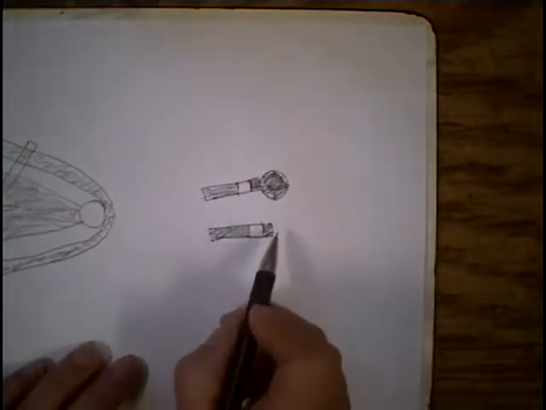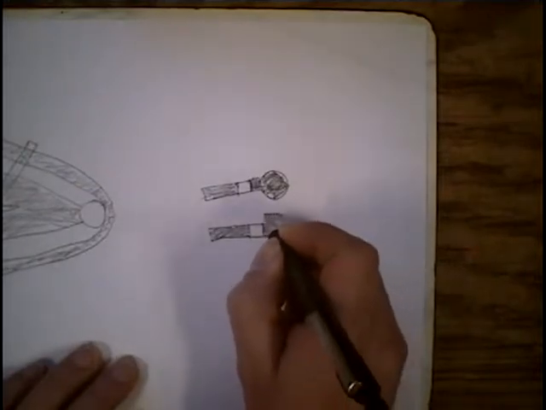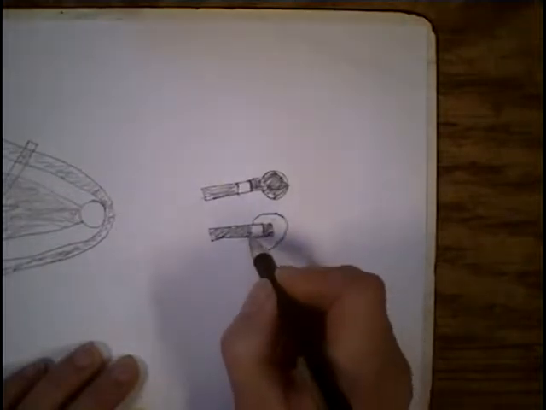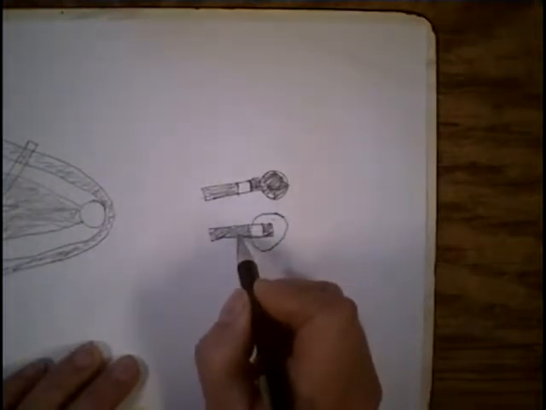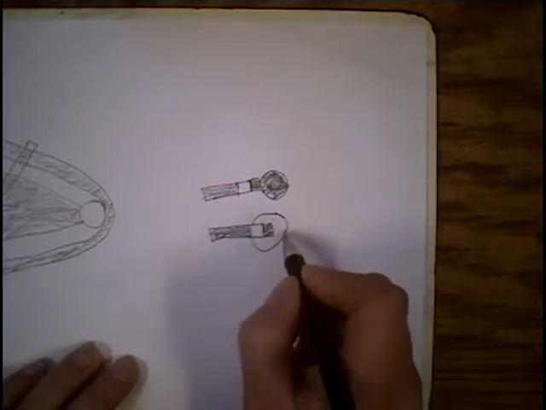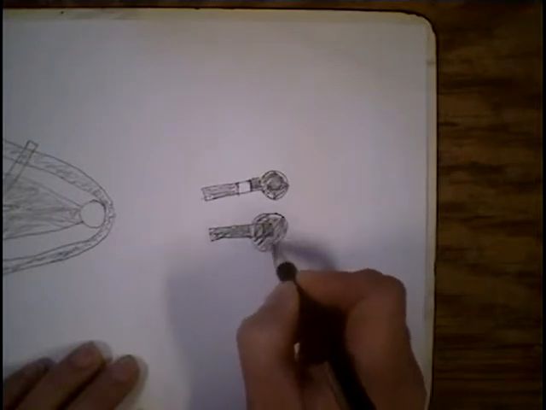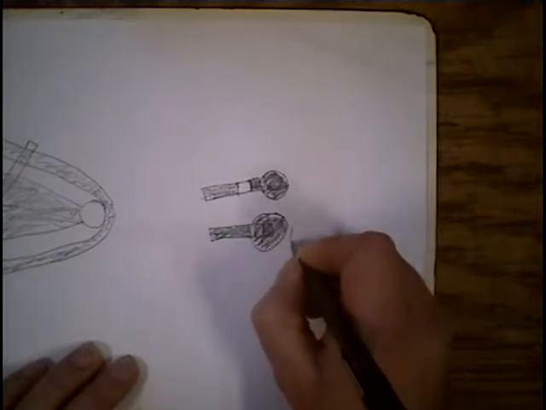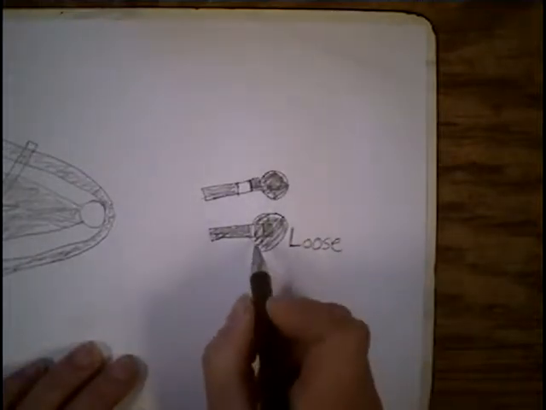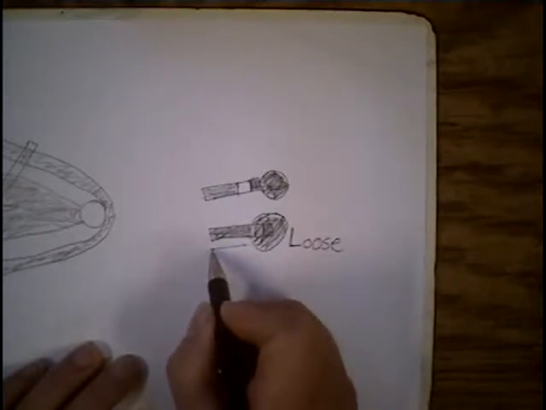Sure, it will bounce the electron forward, but what will happen is if the electron is not stuck and it's loose, it will be better accelerated by a long drawn out zone here, the low pressure zone. So this electron that's loose is better accelerated by the longer zone here.